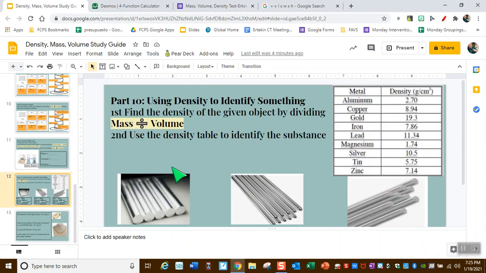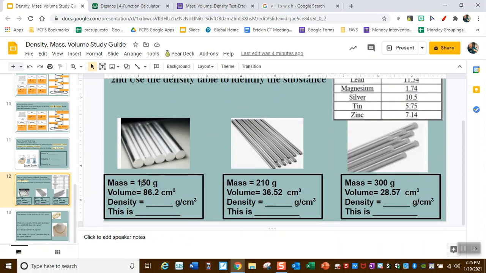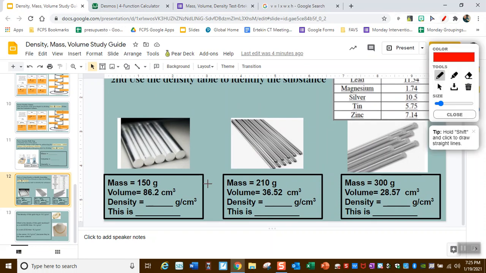So, let's do this one together. Mass is 150 grams. Volume is 86.2. To do density, we do mass divided by volume. 150 grams divided by 86.2 cubic centimeters.